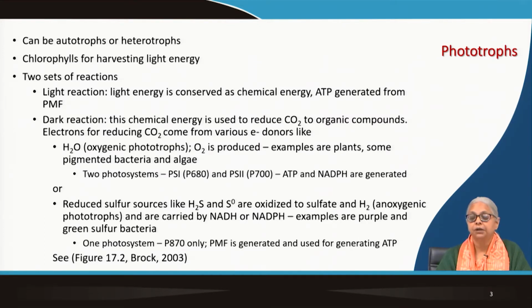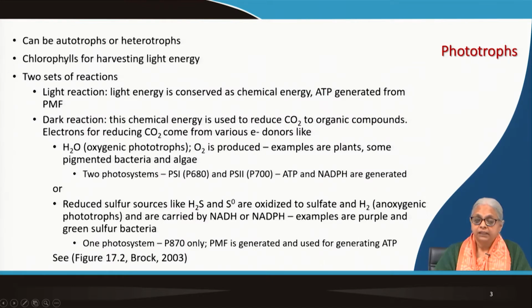So these are organisms which get their energy from light, and they will convert that to chemical energy, and they will use CO2 as their carbon source, in which case they are autotrophs, or they will use organic carbon as their carbon source, in which case they would be called photoheterotrophs. So you have 2 types, photoautotrophs and photoheterotrophs.